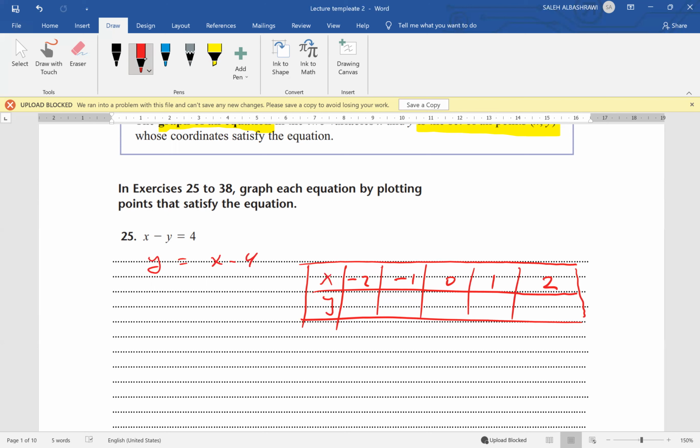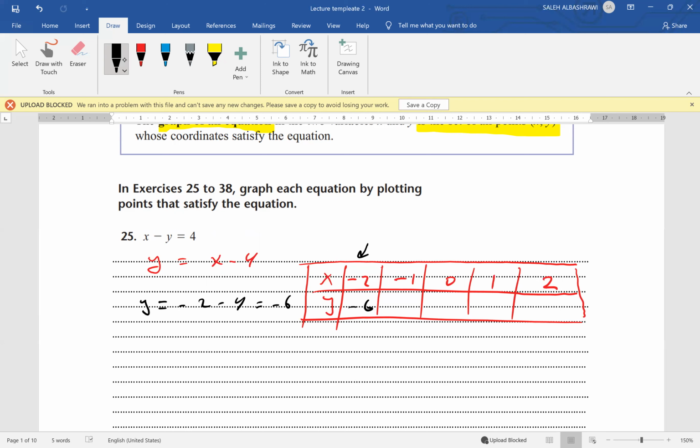So select some values for x. Then y can be found from the equation. Now, if x equal to minus 2, substitute in the equation minus 2. I will have y equal minus 2 minus 4, that will be minus 6. So if x equal to minus 2, y is minus 6.